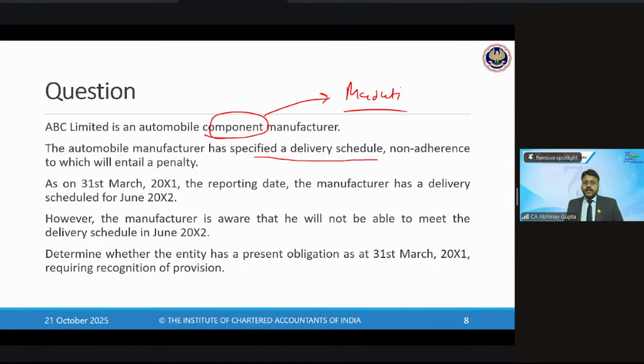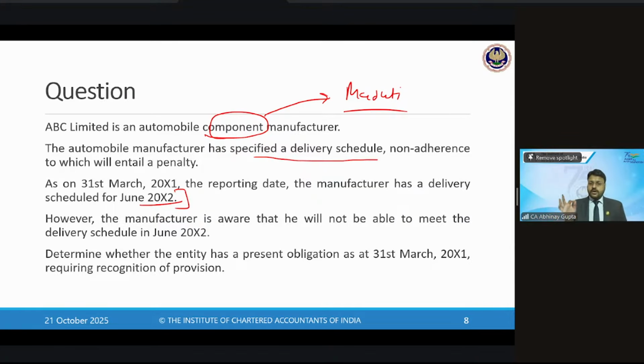Is that clear? Now, as on 31st March 2001, the reporting date, the manufacturer has a delivery scheduled for June 2002, right? So in June, some delivery needs to be made. ABC Limited is preparing the financials for 31st March 2001. However, the manufacturer is aware that he will not be able to meet the delivery schedule in June 2002. Determine whether the entity has a present obligation as at 31st March 2001 requiring the recognition of a provision.